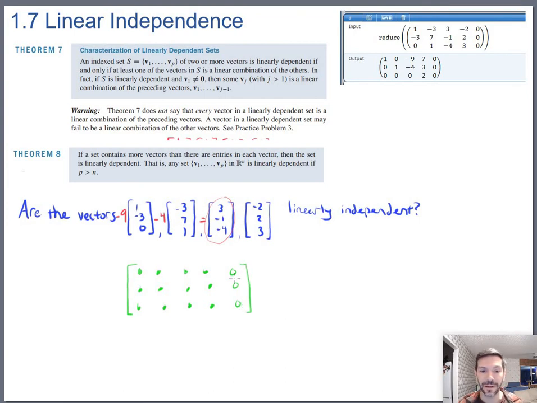How many pivots can you have? Right, at most, you can have 3 pivots. You can only have 1 pivot per row. So at most, you'll have 3 pivots here, but there's 4 columns. So that means there's going to be 1 free variable. And as soon as there's a free variable, there's linear dependence, right? Because there's ways besides the trivial to make these vectors come out to 0.